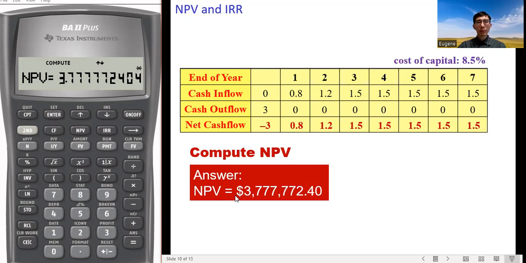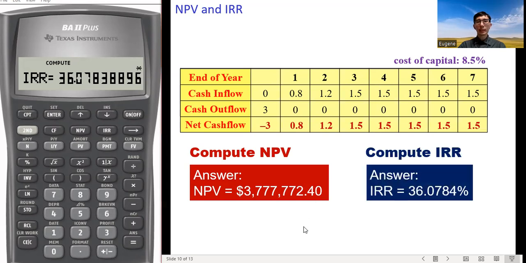So the NPV equals 3.778 million. And then the IRR, press the IRR button, and then the CPT button, compute. We get the internal rate of return, 36.0784%.